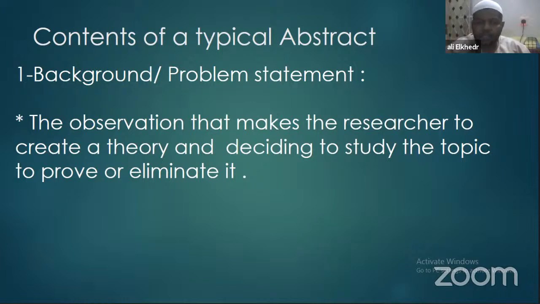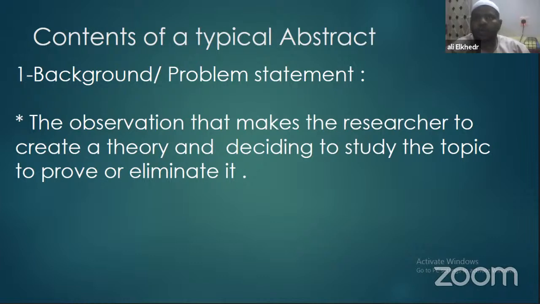The background statement or problem statement is the observation that pushes the researcher to create a theory or an idea that makes him decide to study this theory. The background is mainly about the observation that you may encounter during your medical practice. This should be written separately under the title, a problem statement or a background statement.